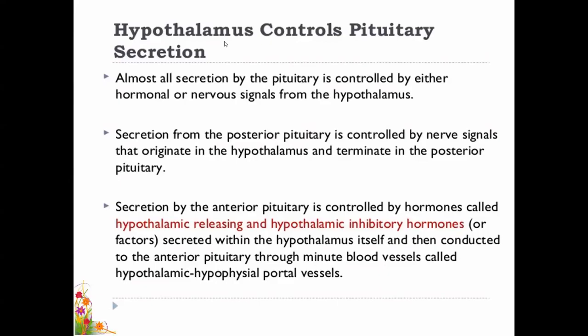So the release of hormones from the posterior pituitary gland is controlled by nerve signals from the hypothalamus. But the release of the hormones by the anterior pituitary gland is controlled by hormones secreted within the hypothalamus.